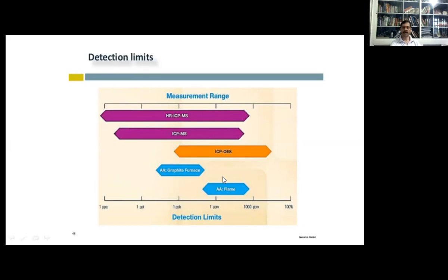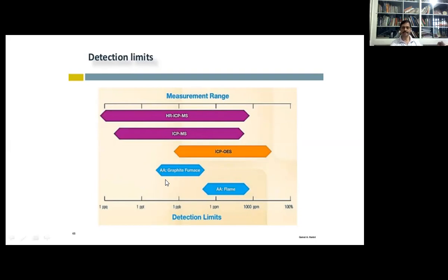If you are using graphite furnace, it may be more sensitive. Say up to 1 parts per billion also you can detect. ICP OES also falls almost in the same range from 1 parts per billion to parts per million.